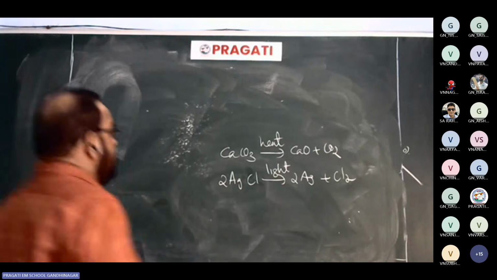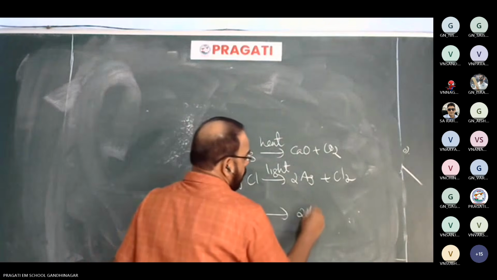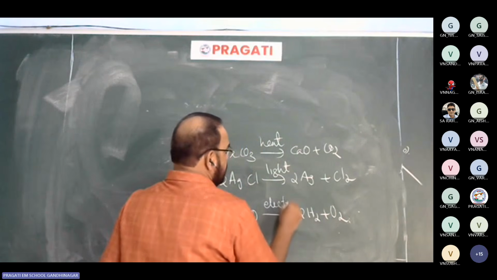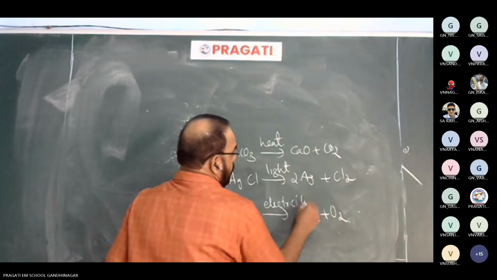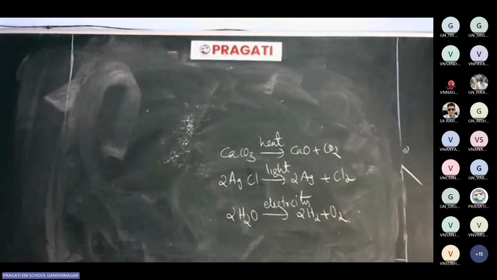When electricity is used for the decomposition, it is electrolysis, an example of electrochemical decomposition. First one, temperature is used: thermochemical. Second one, light is used: photochemical. Third one, electricity is used: electrochemical.